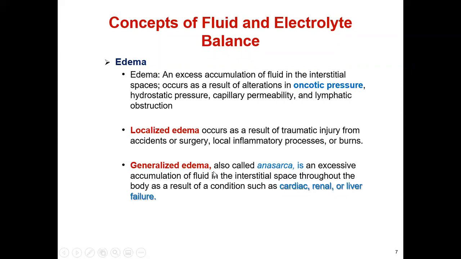But generalized edema, also called anasarca, is an excessive accumulation of fluid in the interstitial space throughout the body as a result of a condition such as cardiac, renal, and liver failure. So if the liver doesn't work, if there is a kidney problem, chronic kidney disease, or congestive heart failure, the patient develops generalized edema.